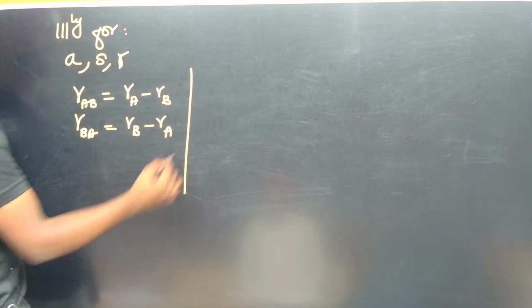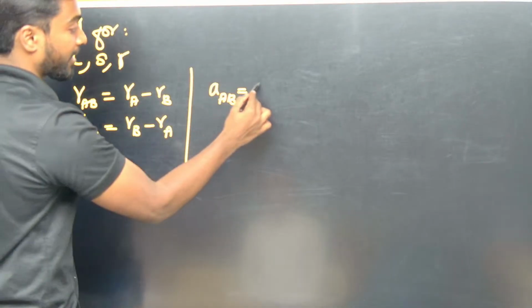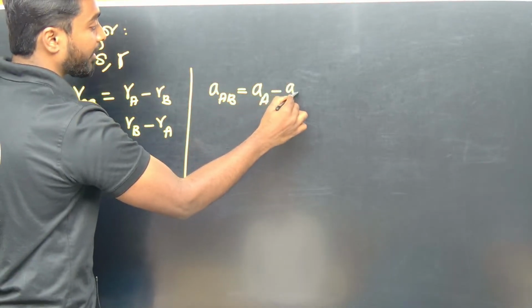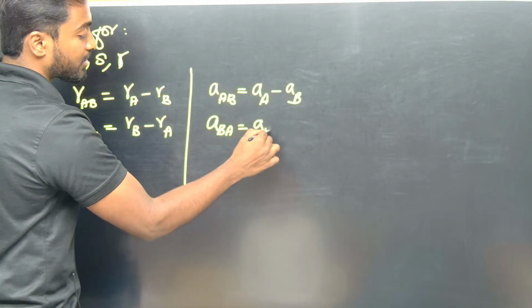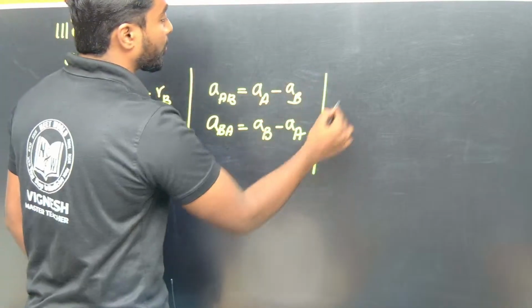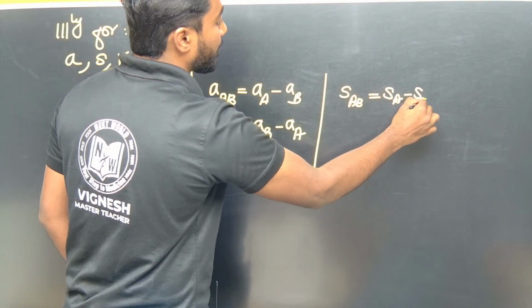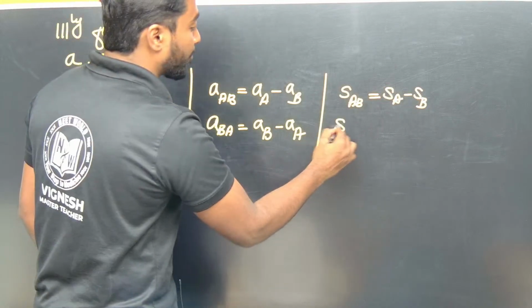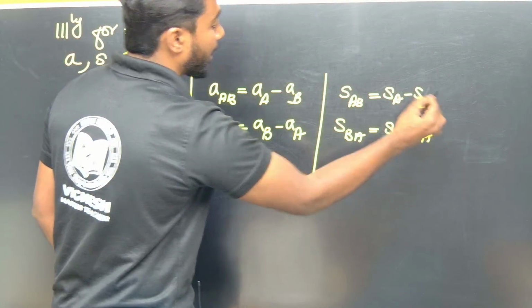Acceleration of A with respect to B will be equal to acceleration of A minus acceleration of B. Acceleration of B with respect to A will be acceleration of B minus acceleration of A. For displacement also the same: displacement of A with respect to B is equal to SA minus SB. Displacement of B with respect to A will be equal to displacement of B minus displacement of A.